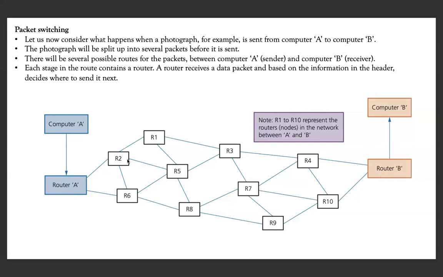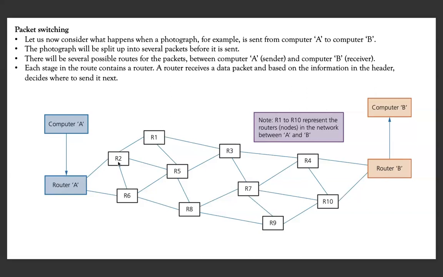So if this router has received a packet, it will analyze the destination IP address and see which path should be the best path to reach from here to here.